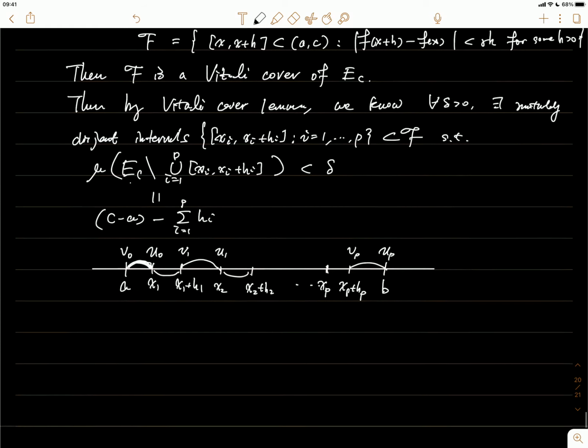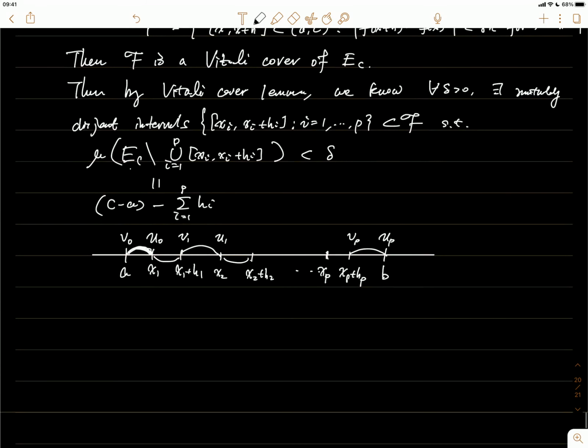Okay. Now let's look at the length. So the sum of u_i minus v_i for i from 0 to p, we know that this is just the sum of these lengths, and then we know that this is less than delta, right? It is less than delta.